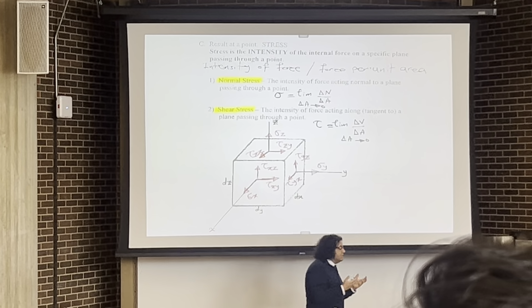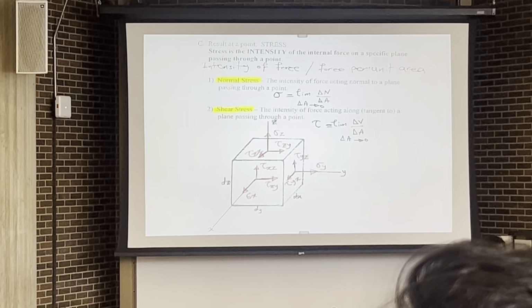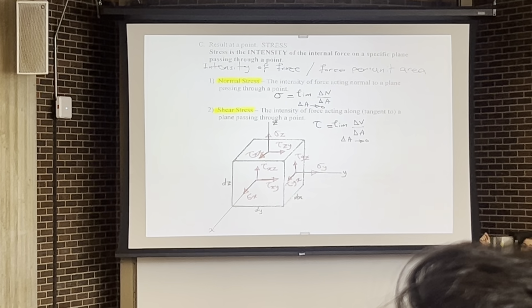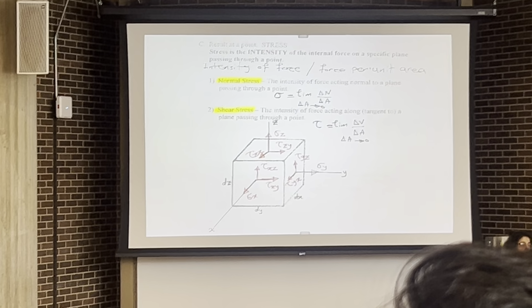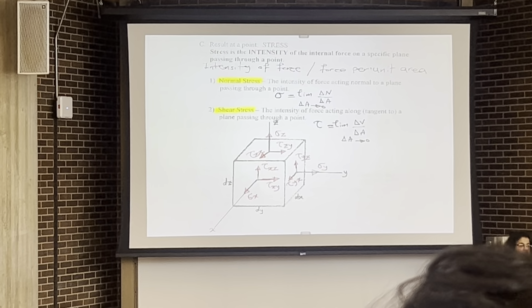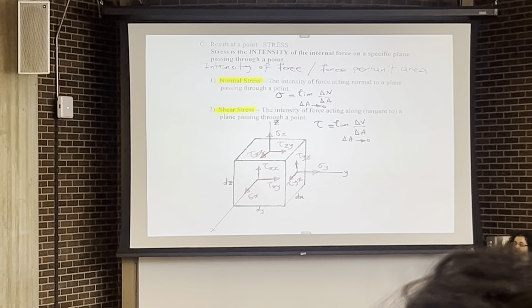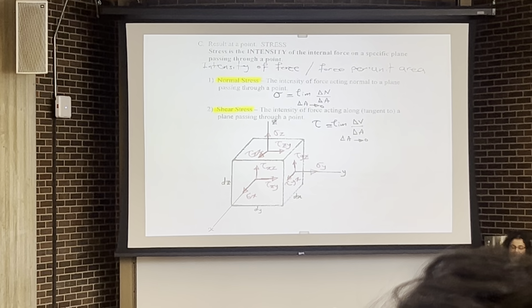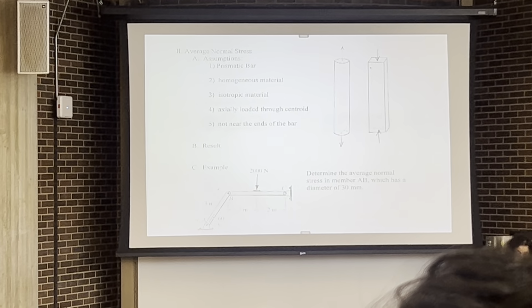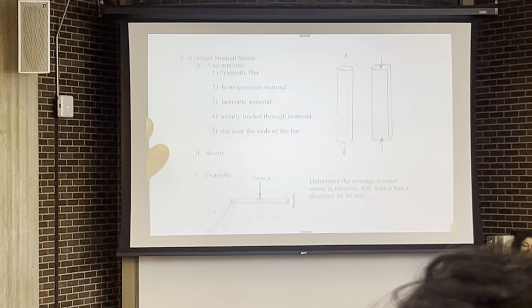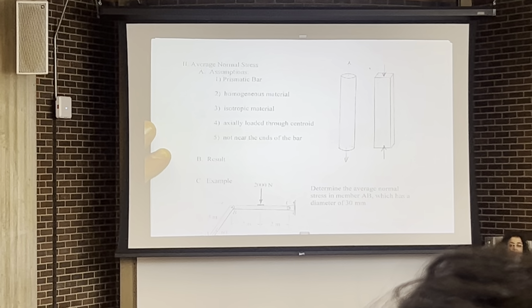So here's what we're going to do today. We would like to actually calculate the stresses. We're going to start with the first structural element that we would like to discuss in this class, and that's a prismatic bar, the simplest type of element that you can imagine.